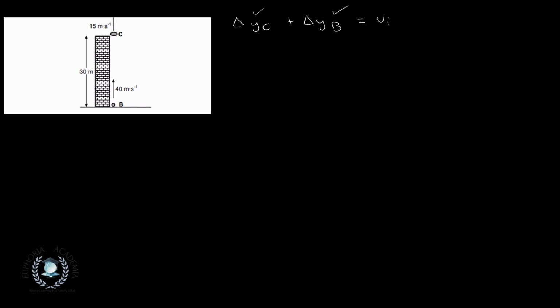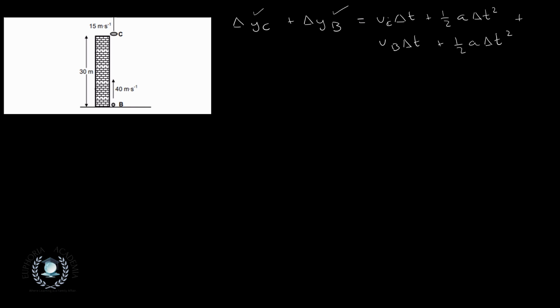We have our VI multiplied by our delta t plus our half acceleration delta t squared, plus, let's just write velocity of c to make things clearer, and then plus our velocity of b multiplied by our delta t plus our half a delta t squared.